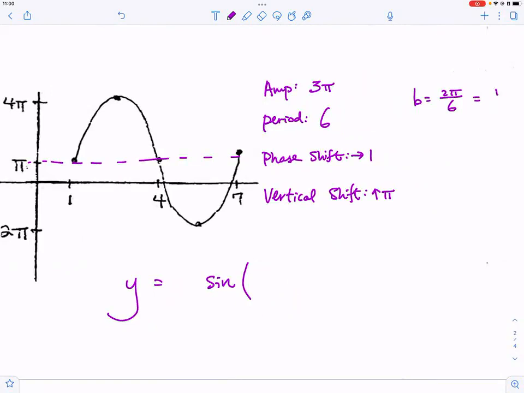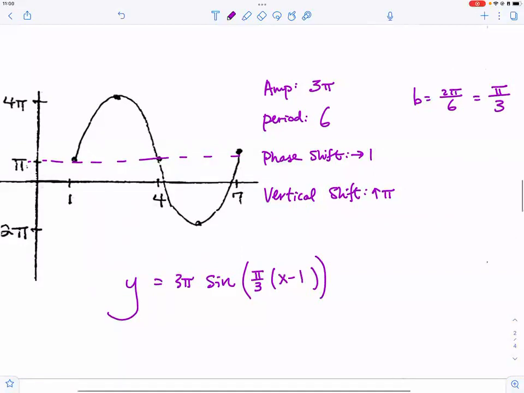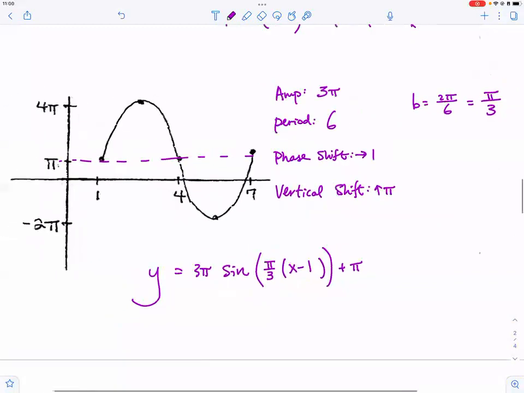B is pi over 3. Our amplitude is 3 pi, so the A value is 3 pi. We shifted to the right by 1 unit, so x minus 1. And then up pi, so that's our equation.